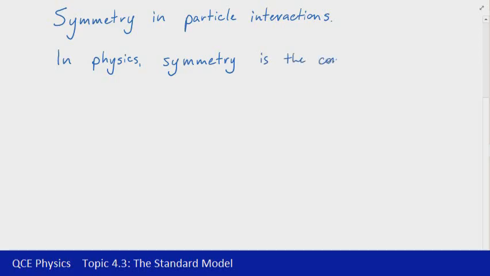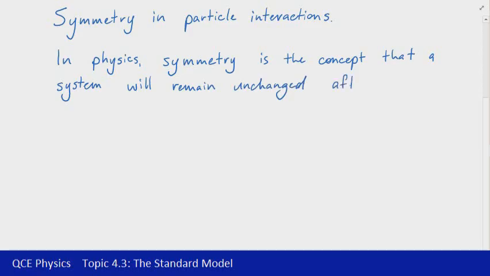Symmetry is the concept that if you take a system and apply a transformation to it, and by a transformation we could mean something like moving it to a different place or using the system at a different time, that system will remain unchanged after a transformation is applied to it. Now that wording can be a bit tricky to process.